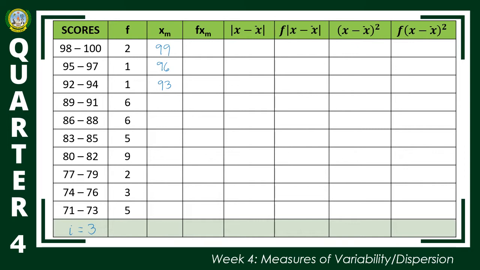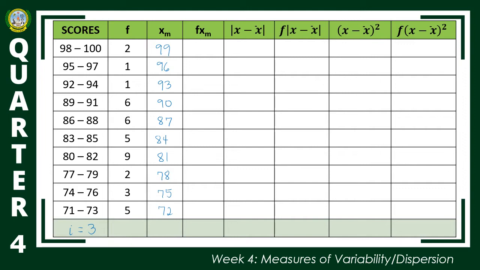Okay? So, next, 93 minus 3 is 90. Minus 3, 87. Minus 3, 84, minus 3, 81, minus 3, 78, minus 3, 75, minus 3, 72. So, yun yung mga gitna ng bawat class intervals natin.